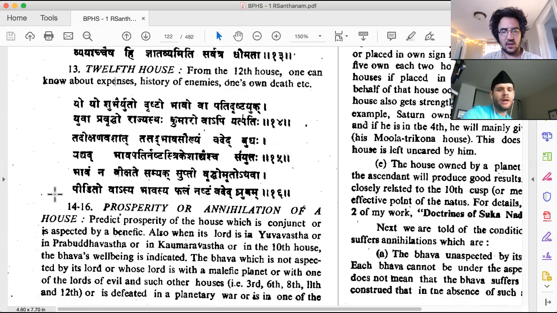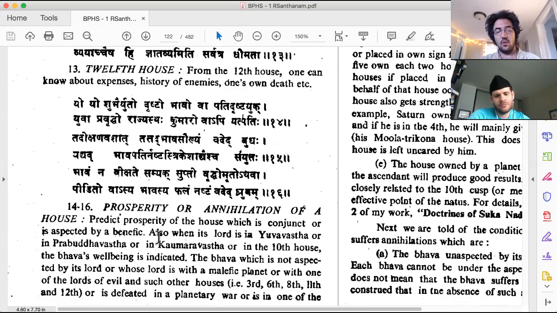But it's basically the idea that if a house or its lord is associated with benefics, in other good houses and in good avashtas, which are basically planetary states that he spends a whole chapter on later, in its own sign, in its exaltation, or in any of the more potent Baladi Avashtas, which we'll discuss more in depth later, then the things signified by the house come to fruition, are stable, bring happiness, and so on.